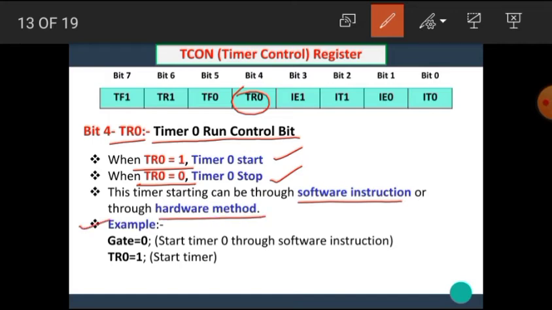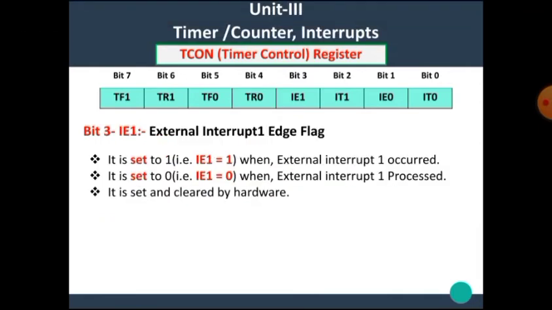For example, when GATE is equal to 0, then we can start timer 0 through the software instruction TR0 equal to 1. That means even if the GATE bit, bit number 3 of timer 0 in the TMOD register, has value 0, we can also start timer 0 by setting the TR0 bit in the TCON register. I hope you all understand.